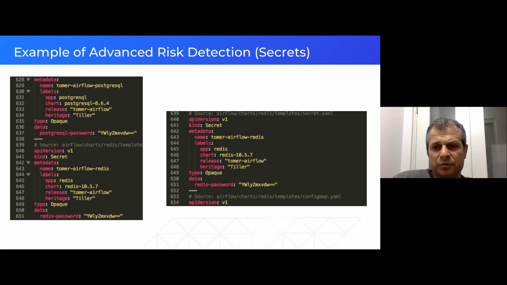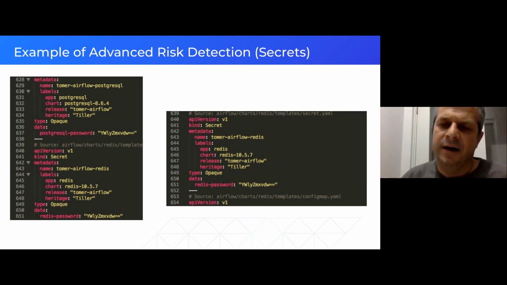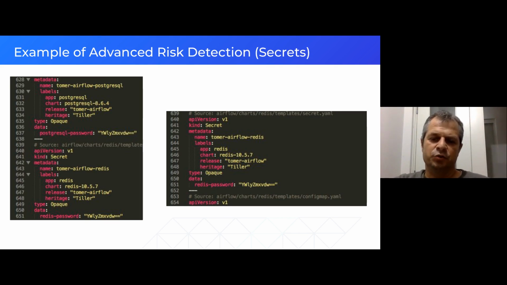Those are just examples I found publicly available. I used the new tool that JFrog released, the Chart Center, where you can find multiple Helm charts. So I just took popular charts, and for example, you can see that someone just forgot his Postgres password exposed, and I can find the Redis password exposed without hiding it, without using the secret mechanism or any other tools.